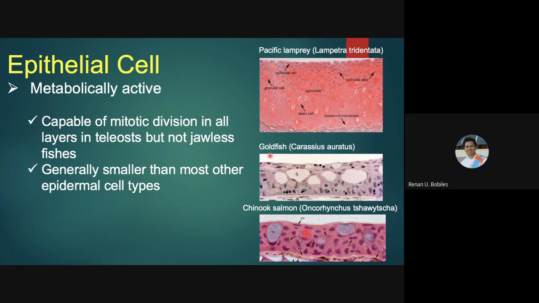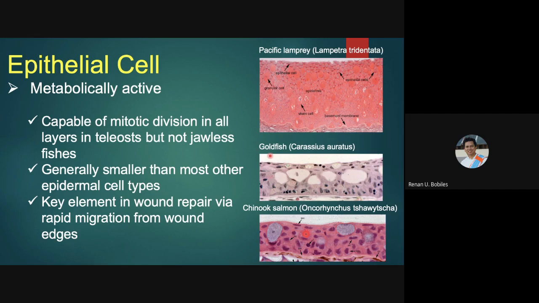Now, because it is metabolically active, it is the key element in wound repair. Okay? It is the key element in wound repair via rapid migration from the wound edge. Healing. Okay? Epithelial cells.